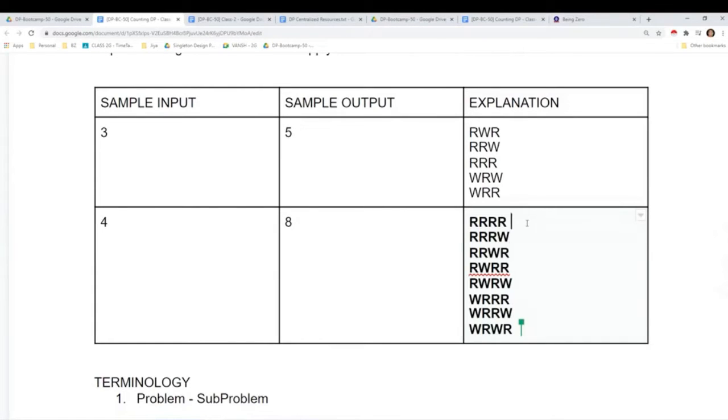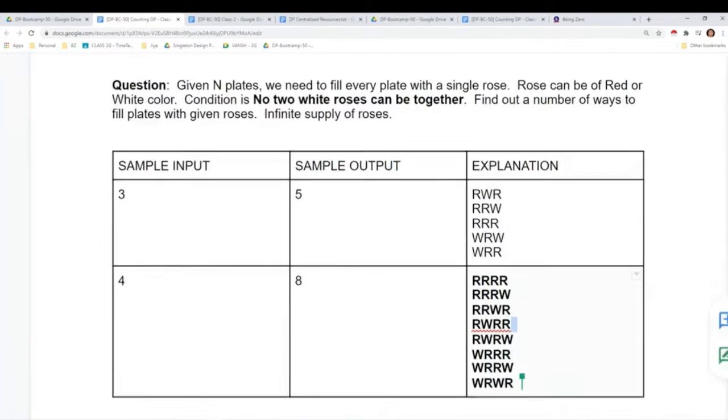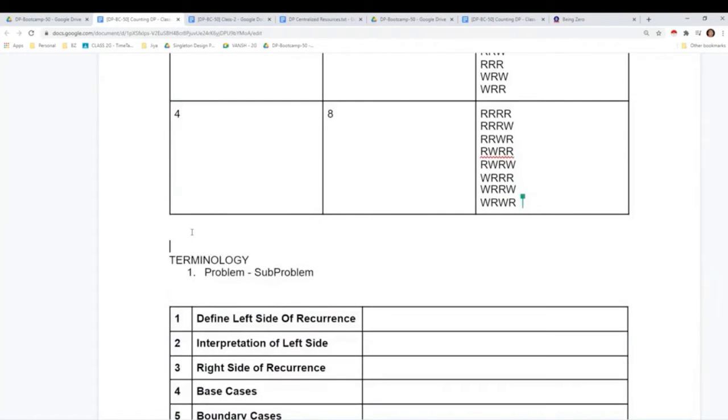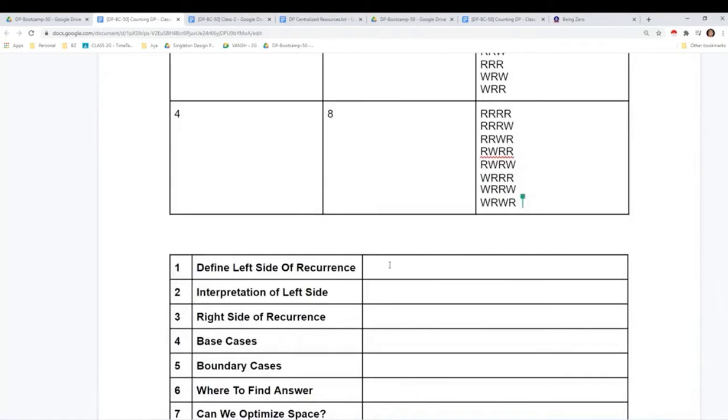Now, if we have to solve this problem programmatically, if this is a programming question, how do you go about solving it? Let's try that. First of all, I told you that we will be using the left side of the recurrence. You may ask why I am thinking recursively.